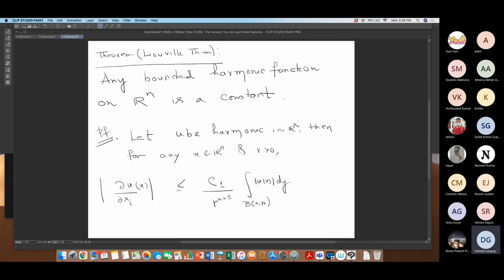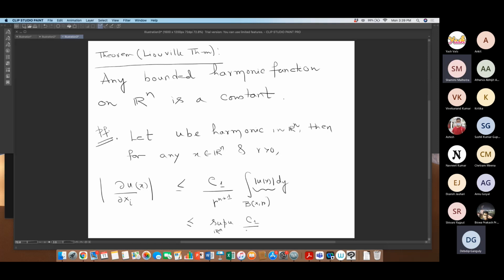Then what will I do? Since U is bounded, we can bound this further by the supremum of U over Rn, times C1 by R to the power n plus 1, times the measure of B(x,R). Yes or no?